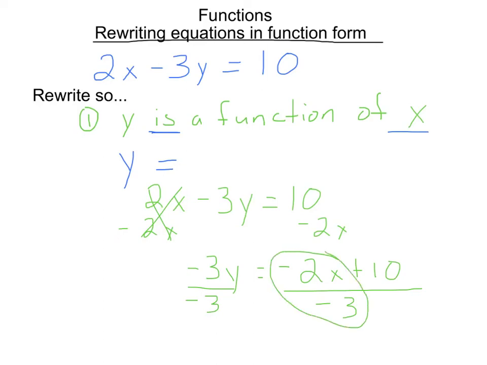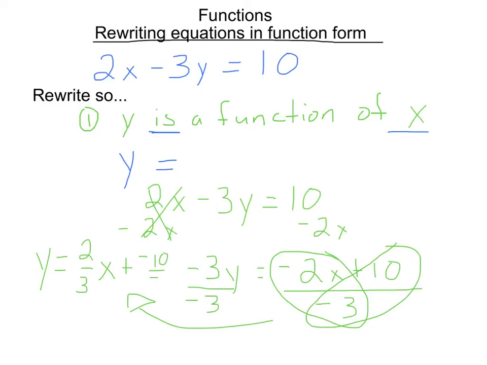So we'll divide negative 2x by negative 3, and we'll divide 10 by negative 3, and we will get that y equals 2/3 x, positive because a negative divided by a negative is a positive, plus negative 10/3. So that is y as a function of x.